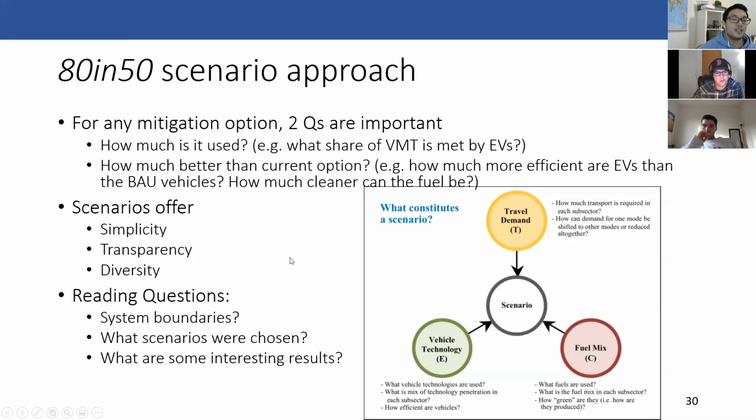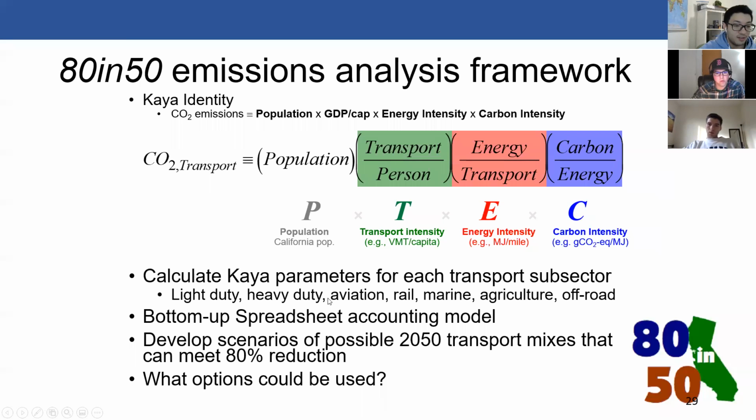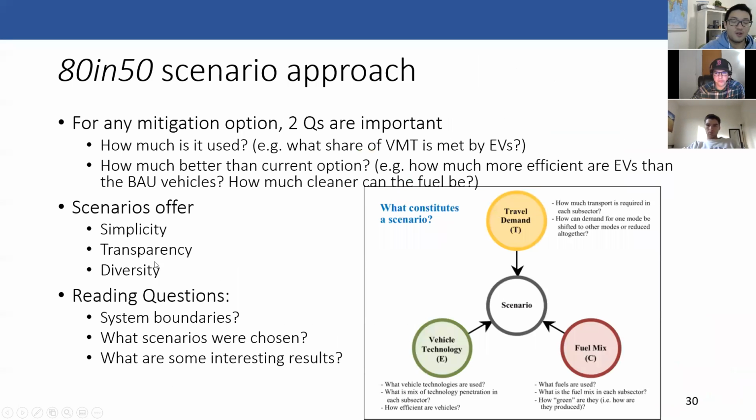Even with a fairly simplified representation of your transport subsectors, light duty, heavy duty, aviation, rail, all of these things, there are a whole diverse set of ways you could reach your goals.